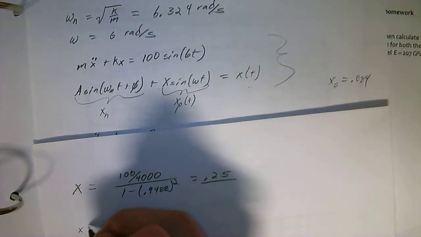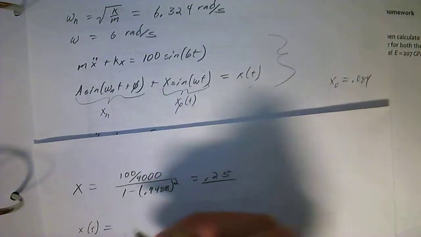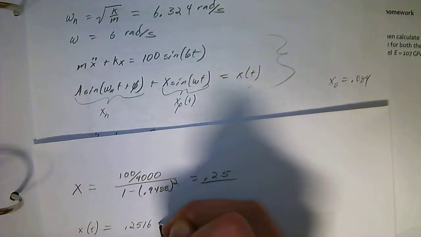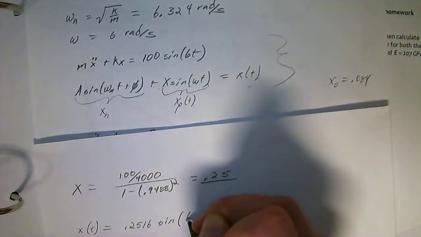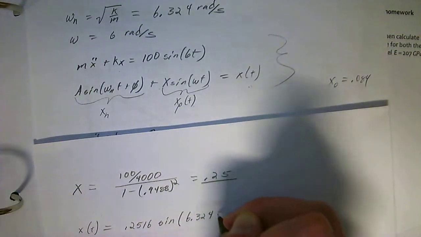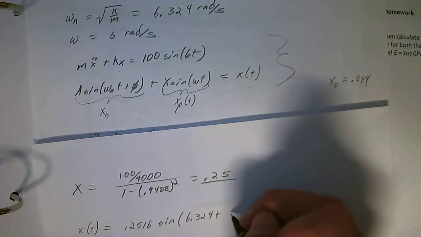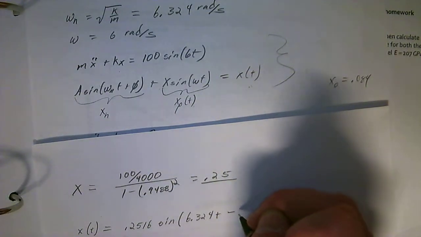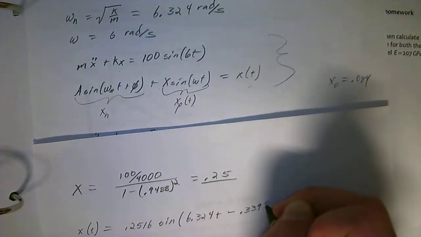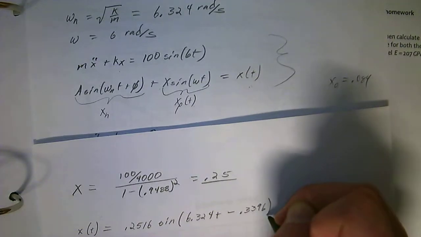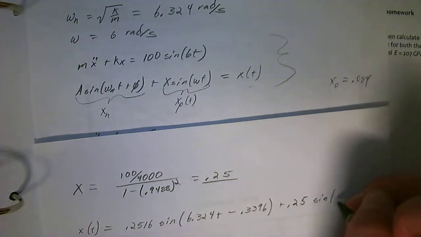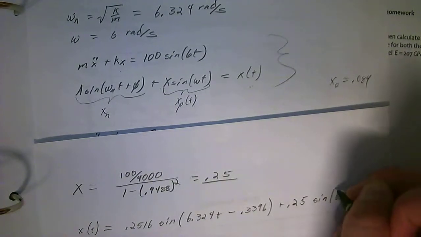So then this will all yield x of t, subbing in the values that we got earlier: 0.2516, which is equal to A, sine of omega n, 6.324 t, minus the phi that we got, which is negative 0.3396, plus 0.25, which is X, sine of omega t, which is 6t.